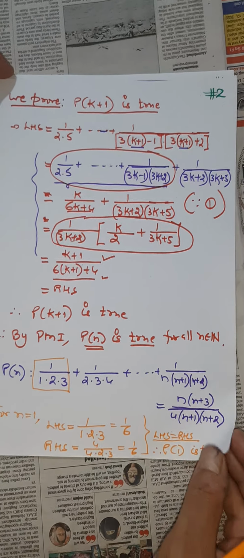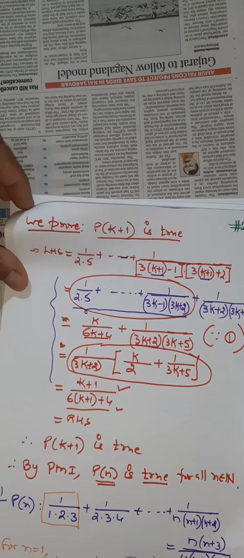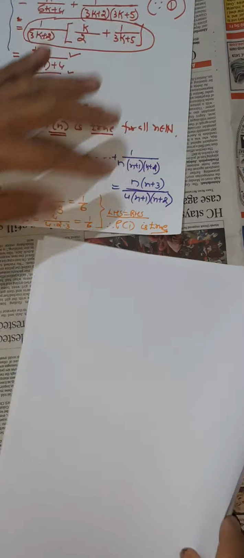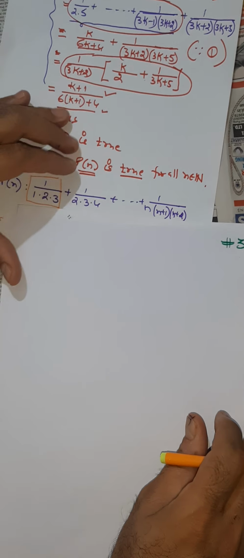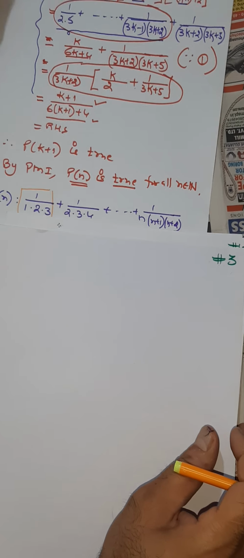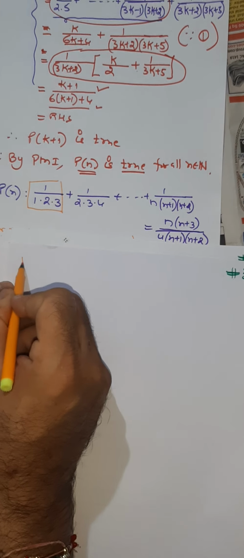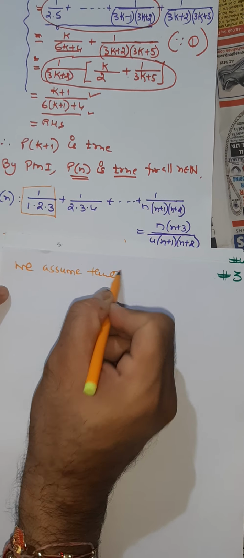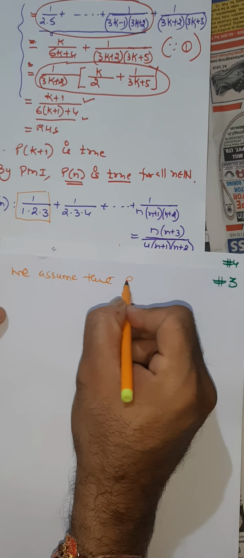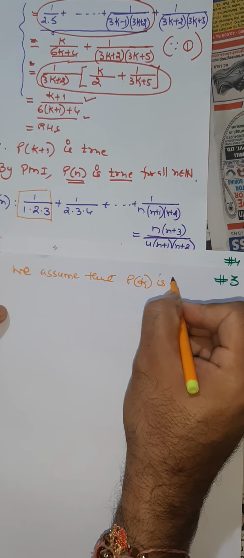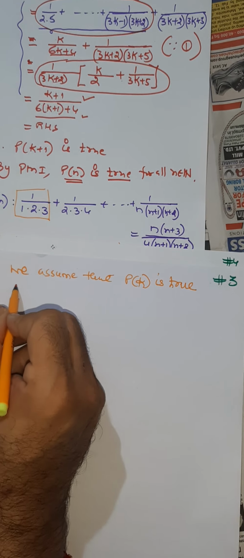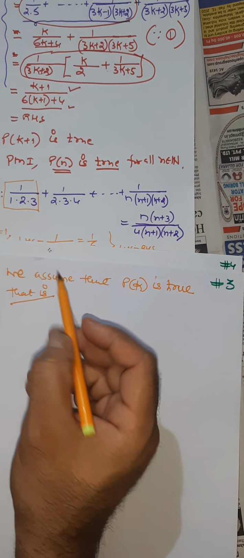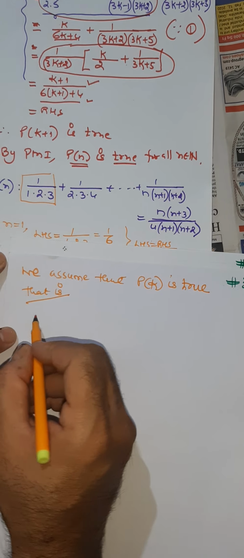Okay. Next part is our assumption part. So now here we assume that P of k is true. What is the meaning of this? That is, in the given statement, instead of n, you put k.